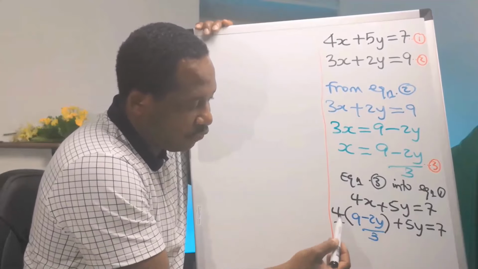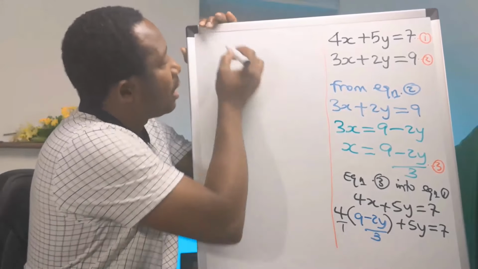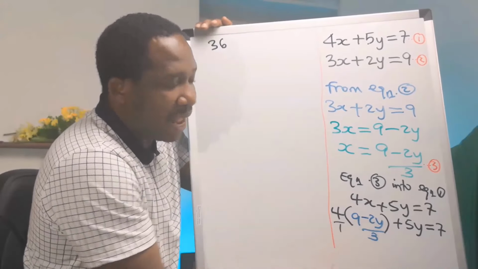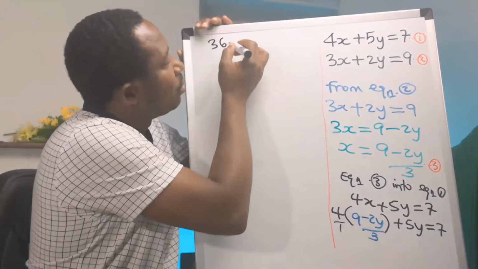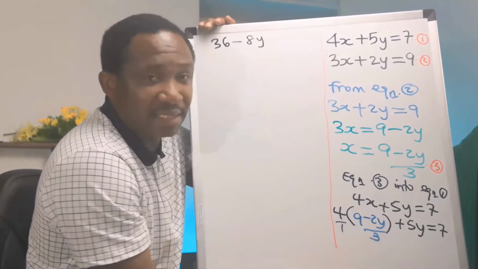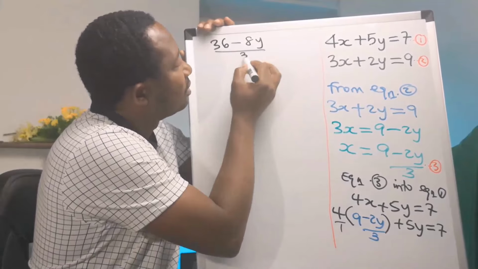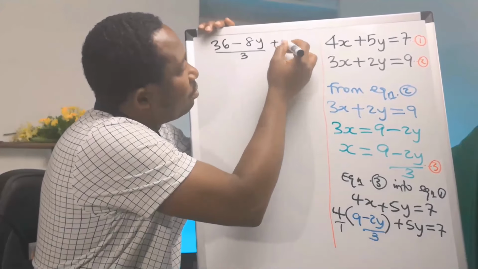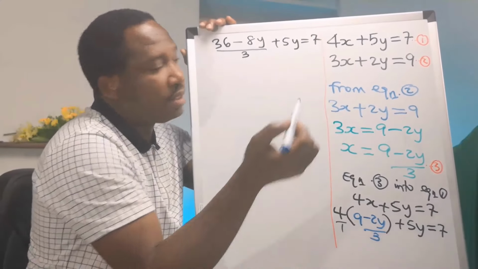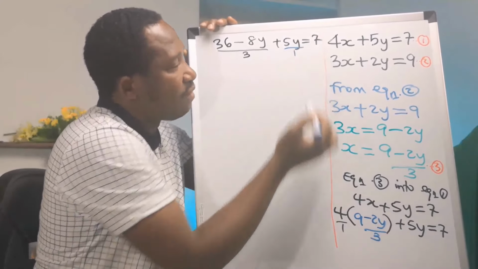Next, 4 will multiply 9 and you have 36. 4 will multiply minus 2y, you have minus 8y. 1 will multiply 3 and you have 3. Here you have plus 5y is 7, which is like over 1.